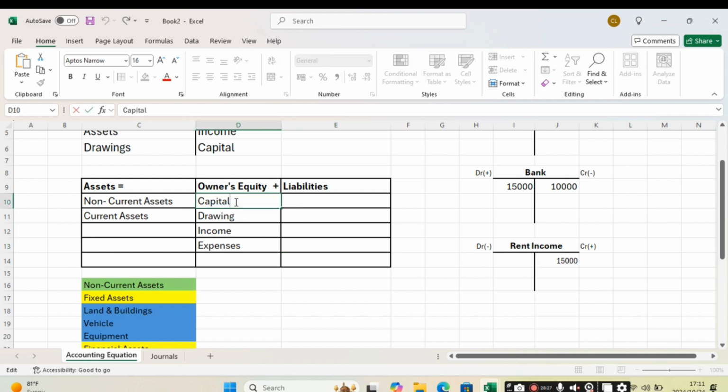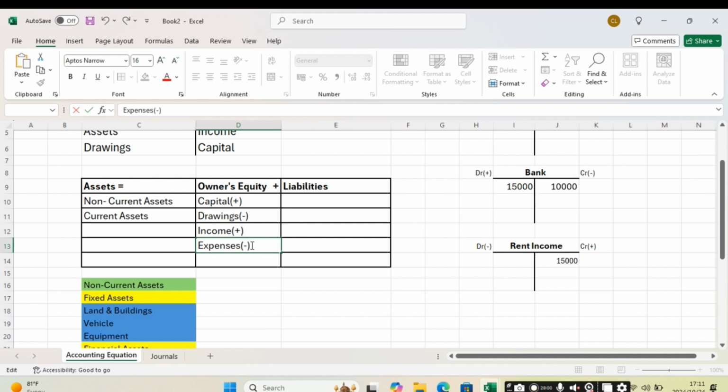So our capital contribution, how does this affect our owner's equity? It affects our owner's equity positively. And then our drawings affect the owner's equity negatively. Our income affects the owner's equity positively, and expenses negatively.